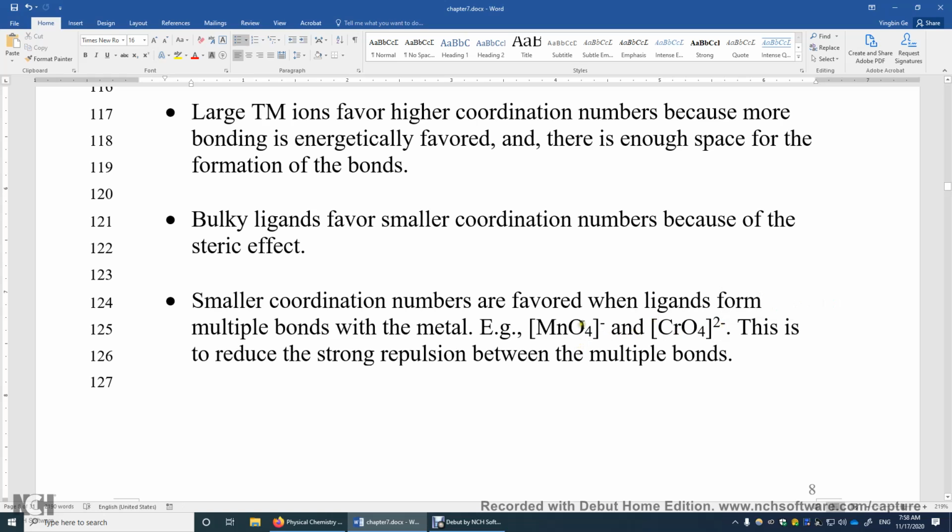So in this case, oxygen forms a double bond with the transition metal center, and a double bond consists of 4 bonding electrons. So the repulsion between double bonds is stronger than the repulsion between single bonds. So in that case, due to the stronger repulsion between those double bonds, this transition metal centers can form only 4 bonds with 4 such ligands.